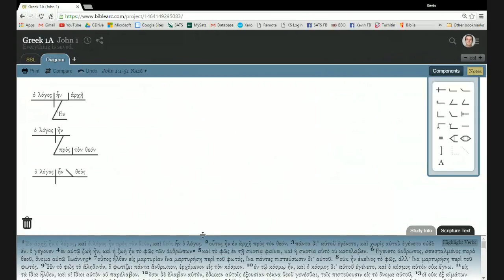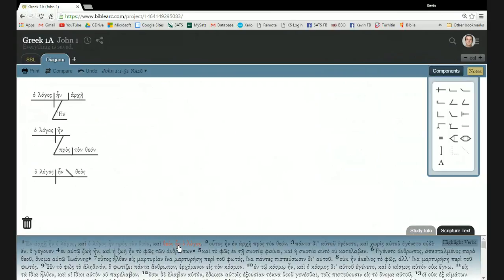In this case, as in many, there are some rules for distinguishing what is the subject and what is the predicate nominative. So if we go into our original sentence, Theos en ho logos, it reads, God was the Word. But one of the rules is that the nominative noun that has the article will be the subject, and the noun without the article in such a construction will be the predicate. So in this case, ho logos is once again the subject and theos is the predicate.